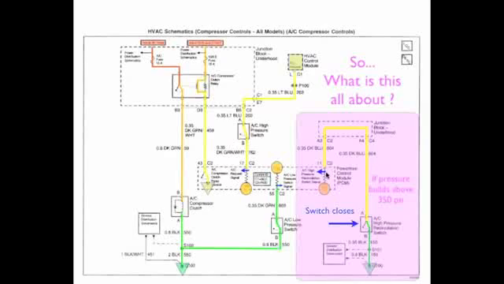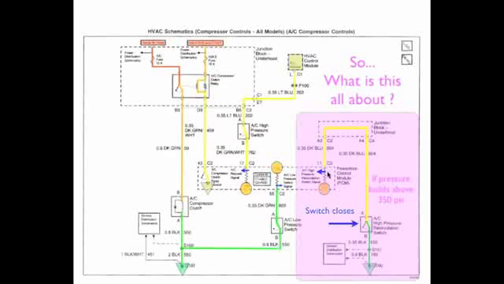So what it's going to do is close the recirculation door in your heating and air conditioning system, so it's going to let the cooler air that's in your cab pass through the evaporator instead of the vent air from the outside, and that's hopefully going to lower the evaporator temperature because cooler air is being able to pass through it.